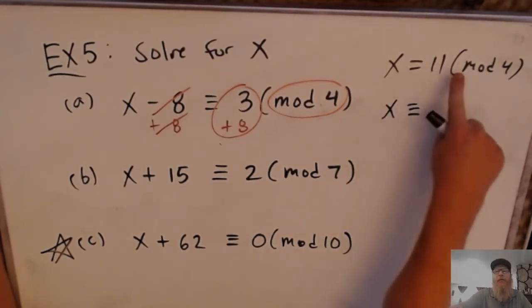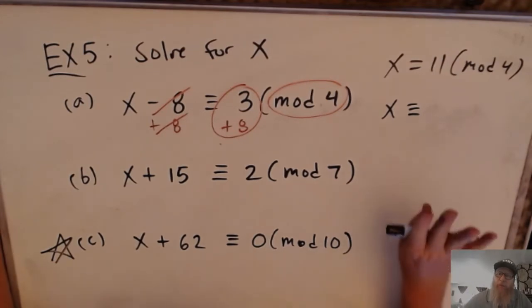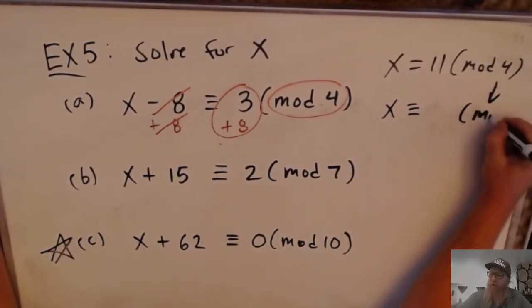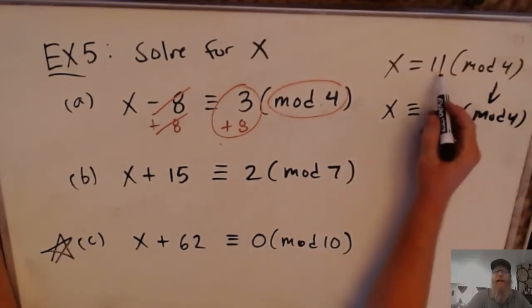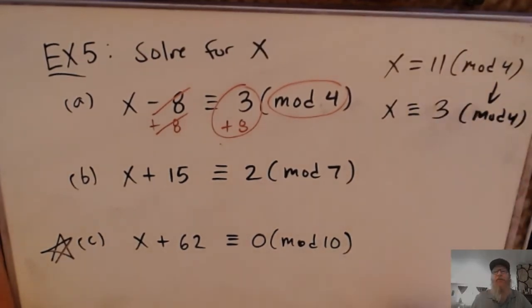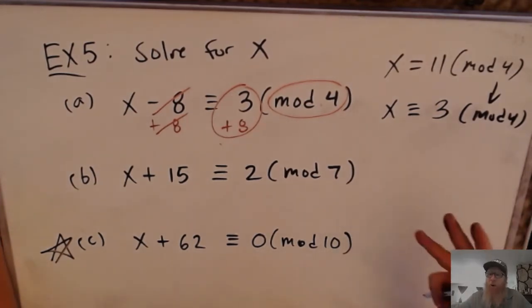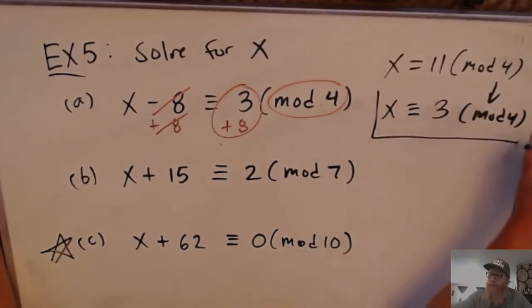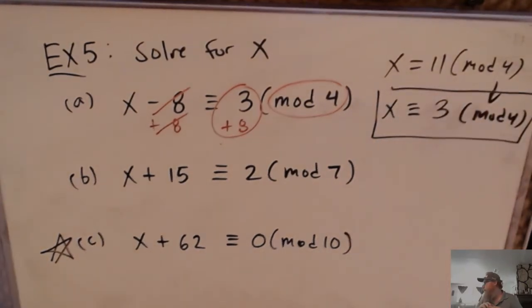So x is equal to 11, but what does 11 mean mod 4? 11 actually means 3. It's 3 more than 8, and 8 is a multiple of 4. So x is equal to 3.